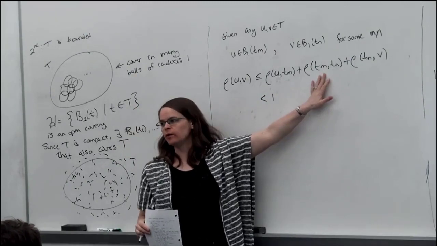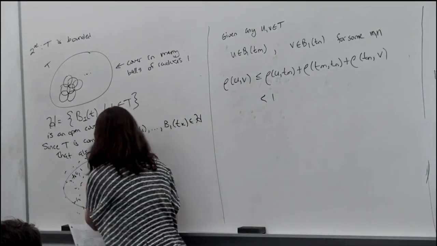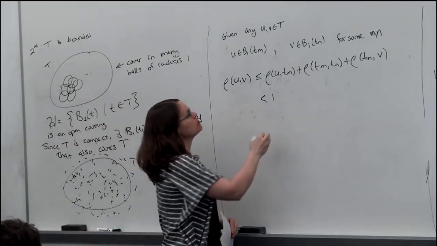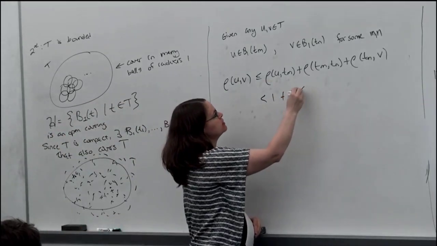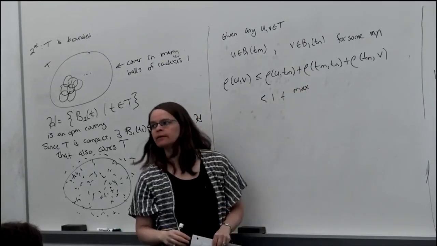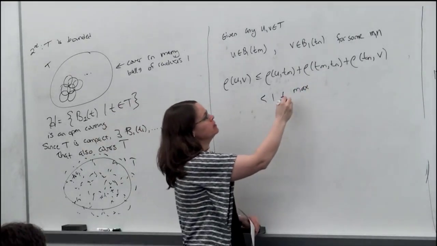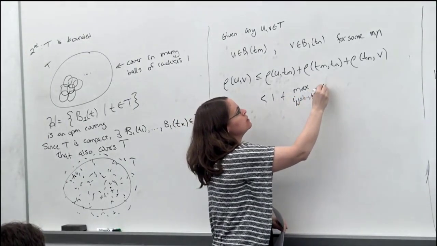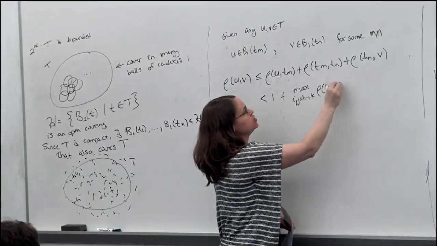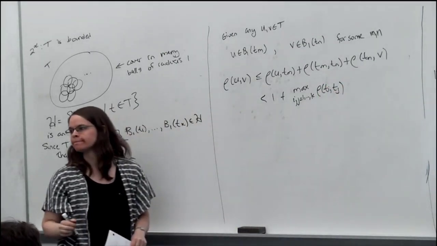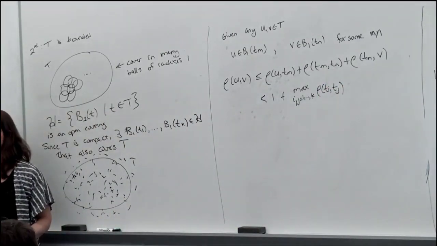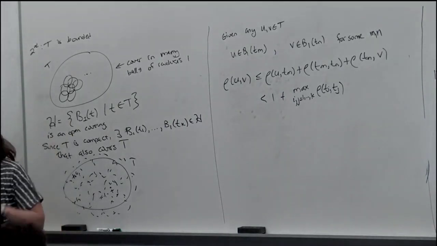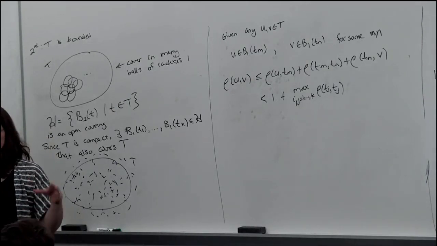This distance, I don't really know what it is because I have no idea whether I pick balls that are next to each other or spread as far apart as possible. So the best I can say is that this is going to be bounded by the maximum possible distance between the center of any two balls. But there's finitely many of these. I'm taking the maximum of finitely many values, so this is going to be finite.